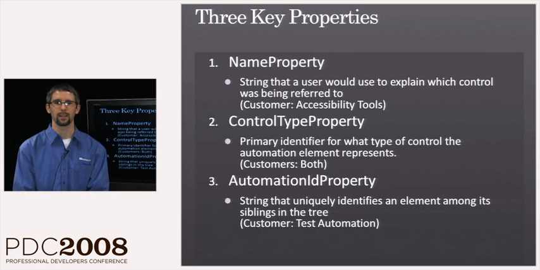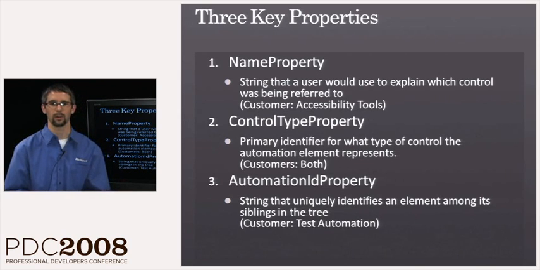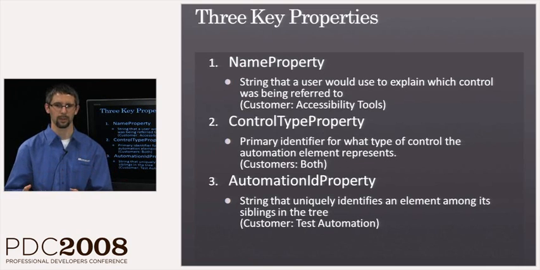But if you try to find it using its English name, then when your script runs on a French version of your program, it won't work, it won't find it. And so you have this problem. How do you find a control if you can't rely on its name being constant across languages? And that's where automation ID comes in.